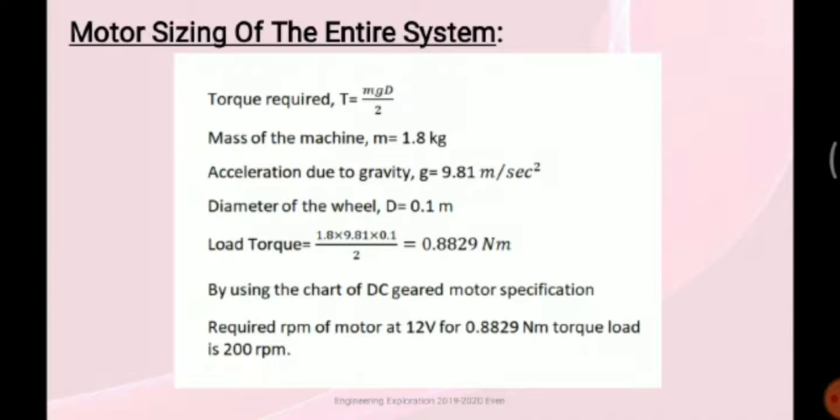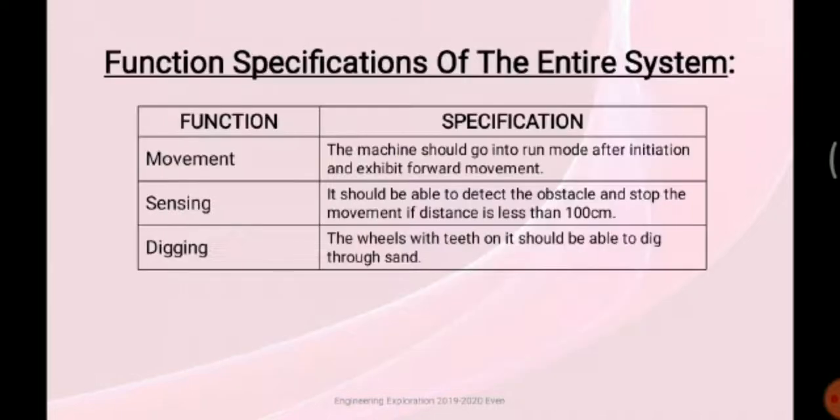So the load torque will be 1.8 into 9.81 into 0.1, whole divided by 2, which is equal to 0.8829 Newton meter. By using the chart of DC geared motor specification, the required RPM of the motor at 12 volts for 0.8829 Newton meter torque load is 200 RPM.